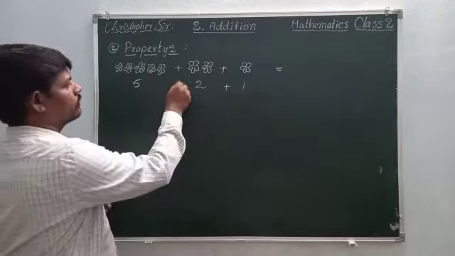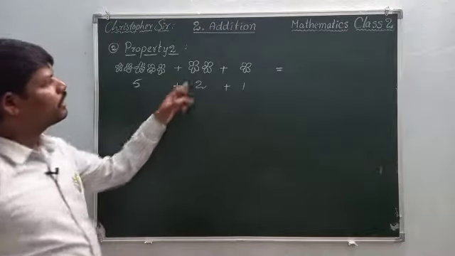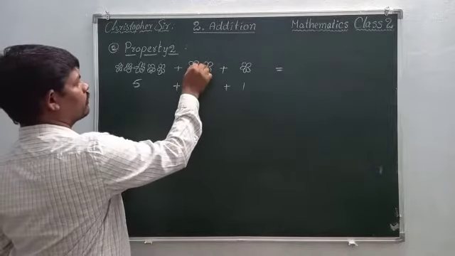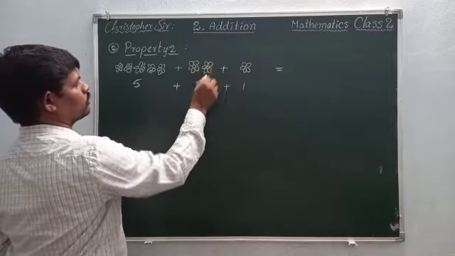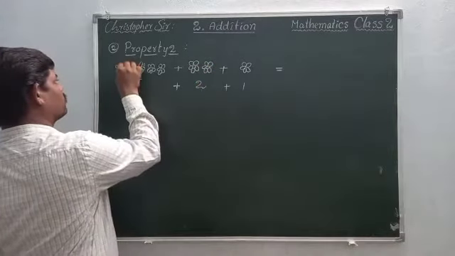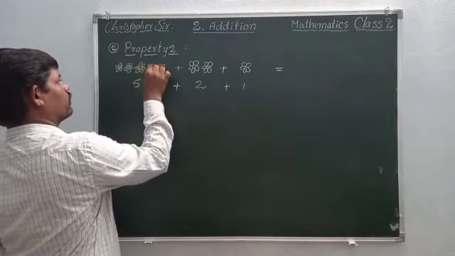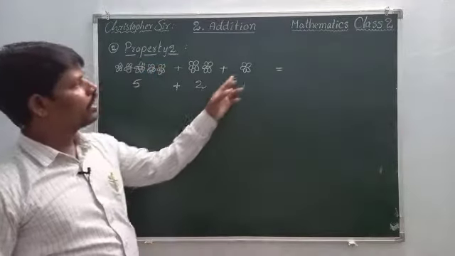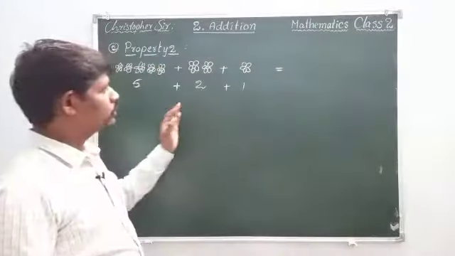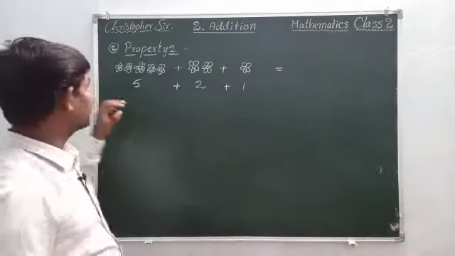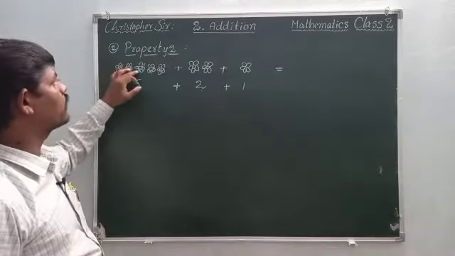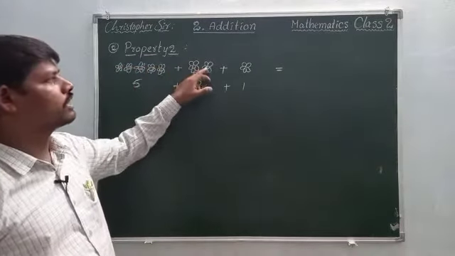Plus, how many flowers are there here? 1, 2. 2 flowers are there. Plus here 1 only. So is equal to how many flowers? Let us count here. 1, 2, 3, 4, 5, 6, 7, 8.